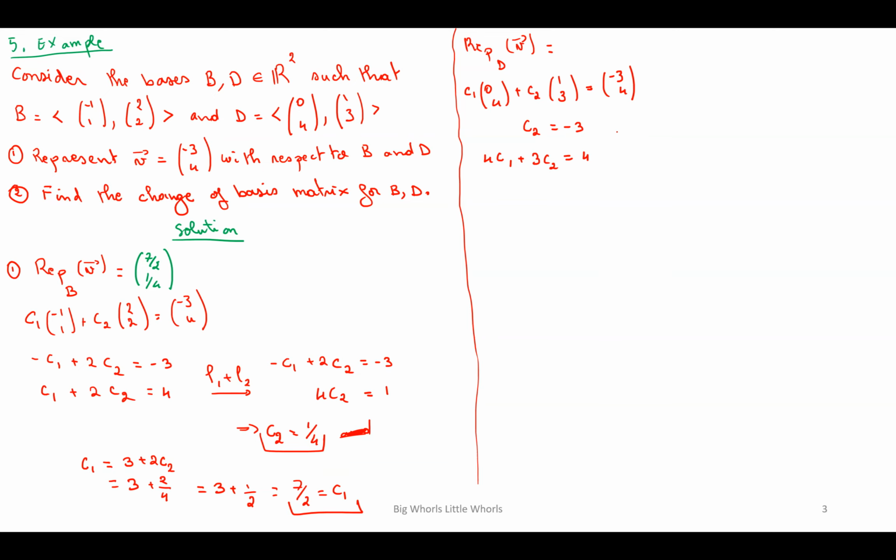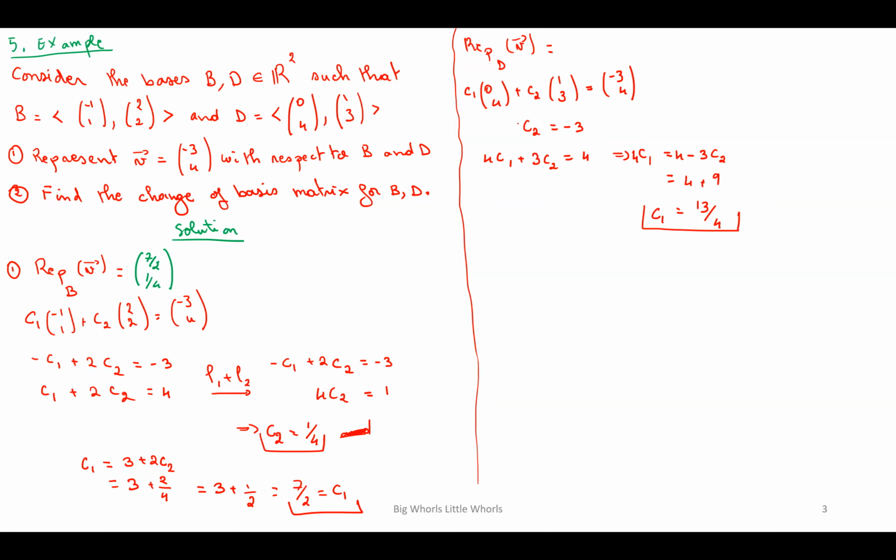So we don't need to do the Gauss method here. We are lucky. Let's start with 4C1 equals 4 minus 3 times C2, which is 4 plus 9, which is 13. So that means C1 equals 13 over 4.